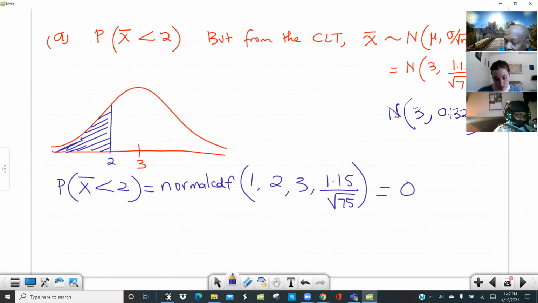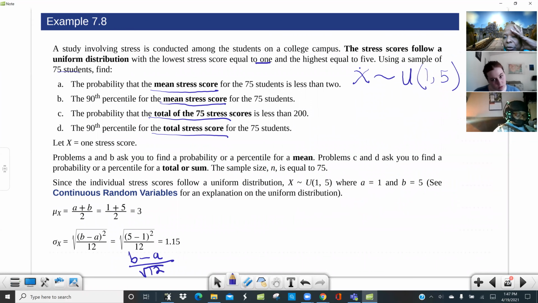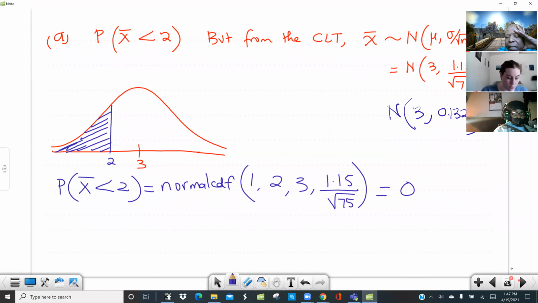So we have created a normal distribution. We began with a uniform distribution, but we have created a normal distribution. And now we are ready to answer anything about this normal distribution.